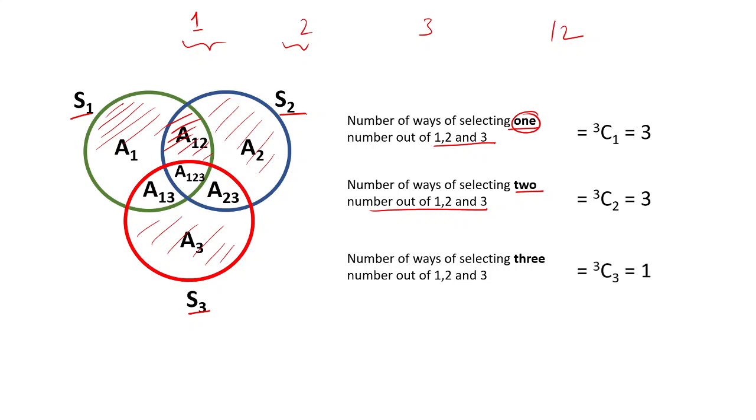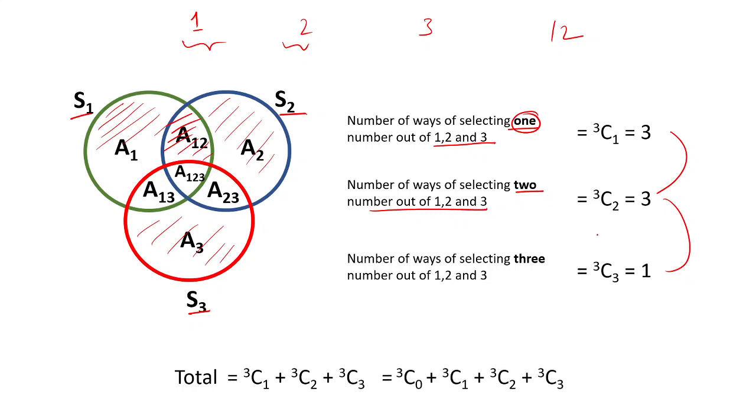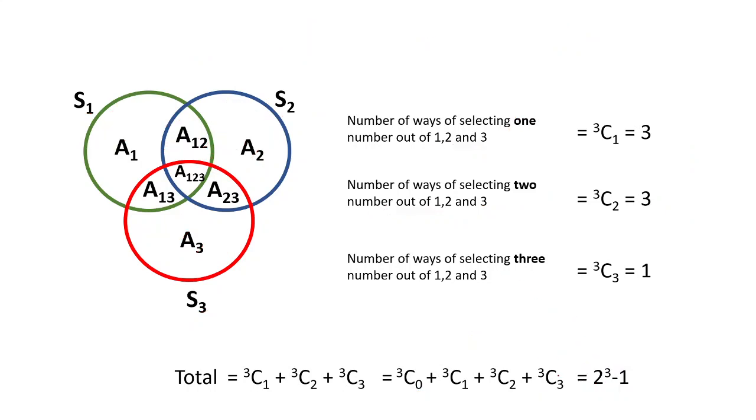This way you get the right sum, 3 plus 3 plus 1, 7. But it's not about the number, it's about the structure. So in total you have 3C1 plus 3C2 plus 3C3. You can add a 3C0 for completeness and subtract a 3C0. Then this sum should be 2 to the power 3, minus 1 more. Sorry, here I haven't shown the minus 3C0, but that's obviously missing.